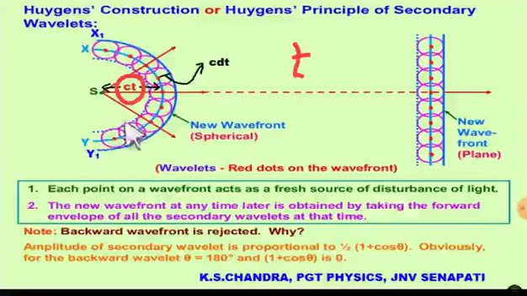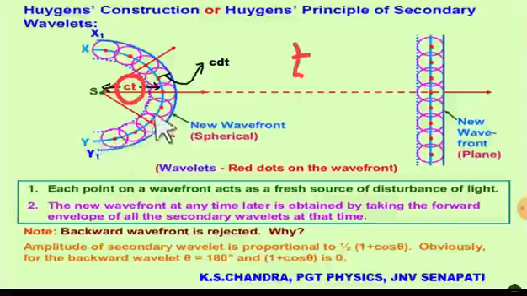And what does Huygens' principle state? It states that each point on a wavefront acts as a fresh source of disturbance of light. That means every point of this wavefront, which we call the primary wavefront, will be considered a fresh source of light.